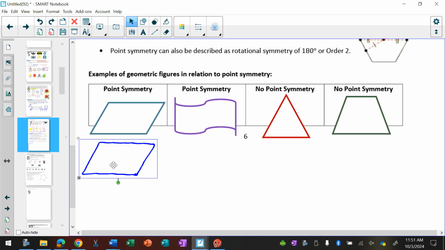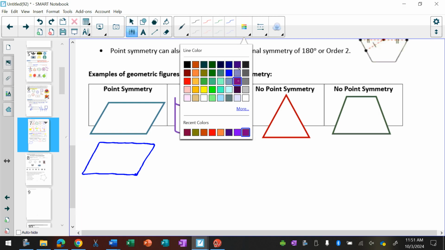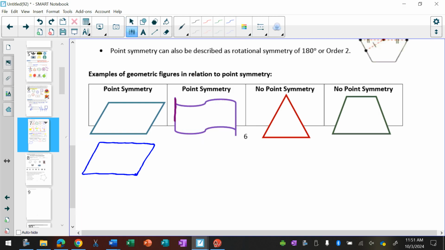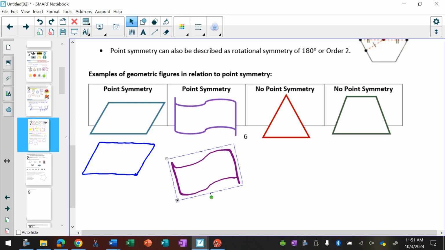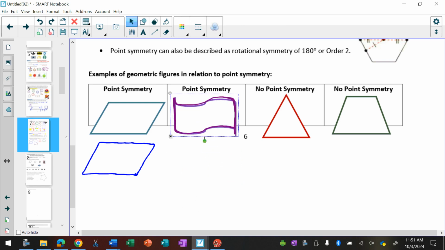So that has point symmetry because it looks the same upside down. If I do the same thing with this flag type looking shape, I can trace it, rotate it 180 degrees, and it maps back onto itself. So it looks the same upside down.